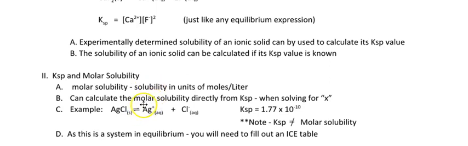And you can calculate the molar solubility directly from Ksp. This is your X, and this is what I mean. You have two terms you have to keep straight in your mind. Are they asking for Ksp? They're asking you to solve for Ka or Kb or Ksp. If they're asking you for molar solubility, that's your X. Folks, this is equivalent to talking about acids and bases.